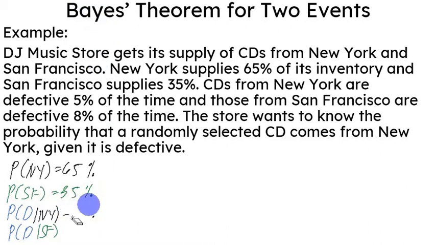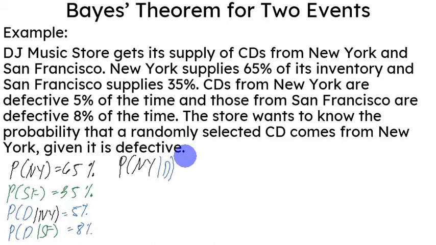So let me just change this color also to make it consistent. This is 5% while the other one is 8%. We are now asked what is the probability that a randomly selected CD is from New York given it is defective.